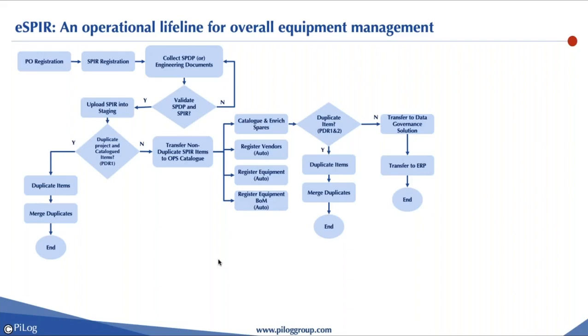If we already have a record and that particular spare is available, then we should look at optimizing the min max levels of that spare, and then enrichment of that and registering the vendors, equipment BOM, all of that information which has been captured out of the SPIR. That goes into the system, then into a data governance solution, and then into any ERP system.